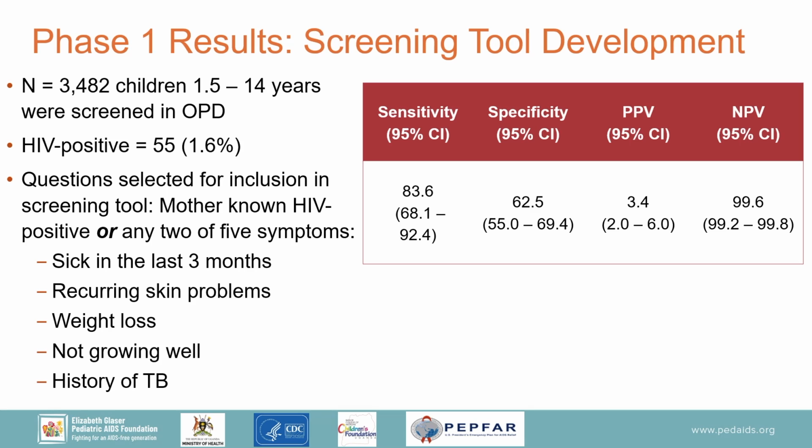The best predictive tool was based on mother's non-HIV positive status or any 2 of the following symptoms. Maternal HIV positive status was automatically included in the screening tool. Using variable selection methods, we selected the subset of questions with the best predictive accuracy from a set of all possible combinations.